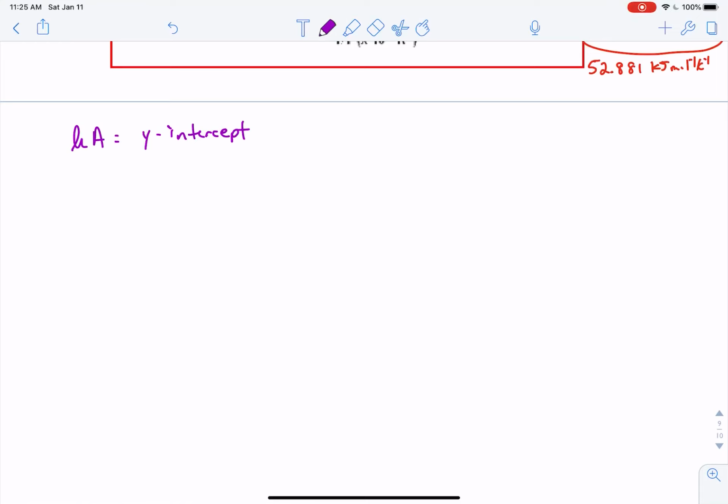At the y-intercept, what kind of temperature do we have theoretically? Think about it. Remember, the x-axis is 1 over T. So as 1 over T is going towards 0, T has to be getting bigger.